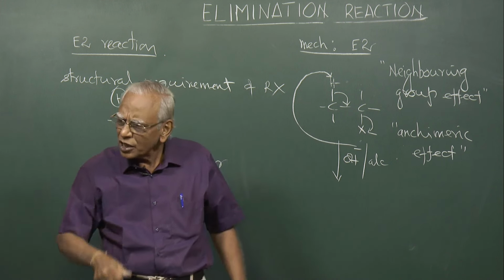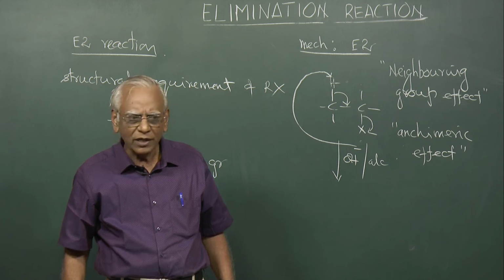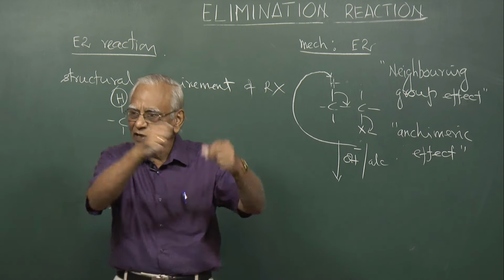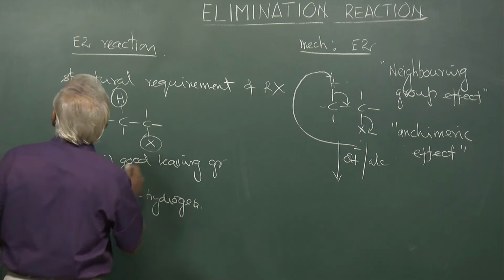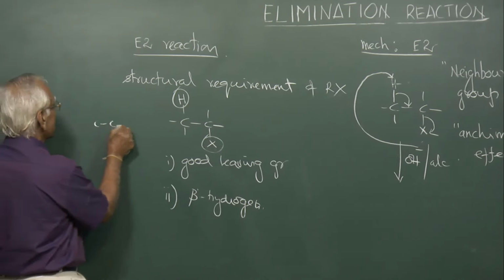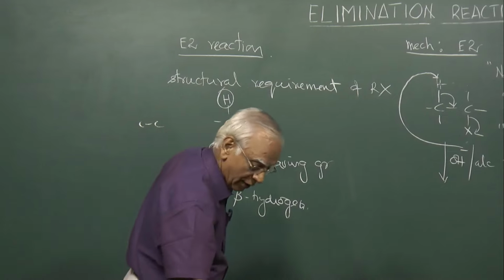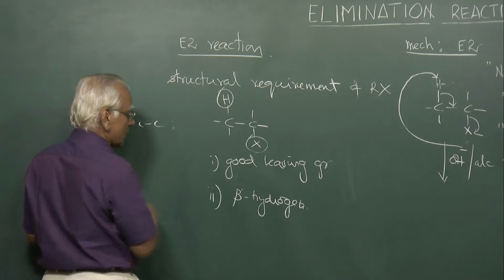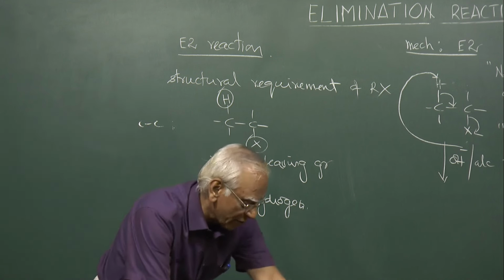Why should it become shorter and shorter? Because the bond distance in a carbon-carbon double bond is less than that of a carbon-carbon single bond. Don't we know the particular distance here? The carbon-carbon single bond distance is equal to 154 picometers.